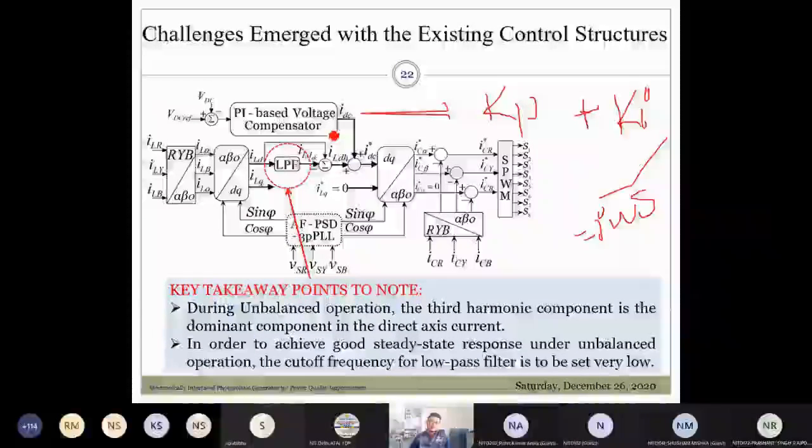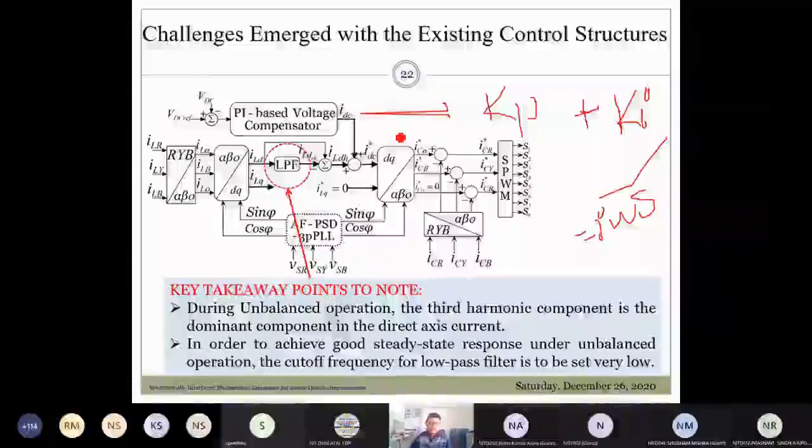DC or constant quantities. On the contrary, if the input quantities to the PI controller are AC or periodic in nature, then the PI controller miserably fails to introduce the infinite gain, and hence the steady state error will not be eliminated. So the PI controller should not be employed to track the AC current or to minimize the steady state error in case of the AC current.